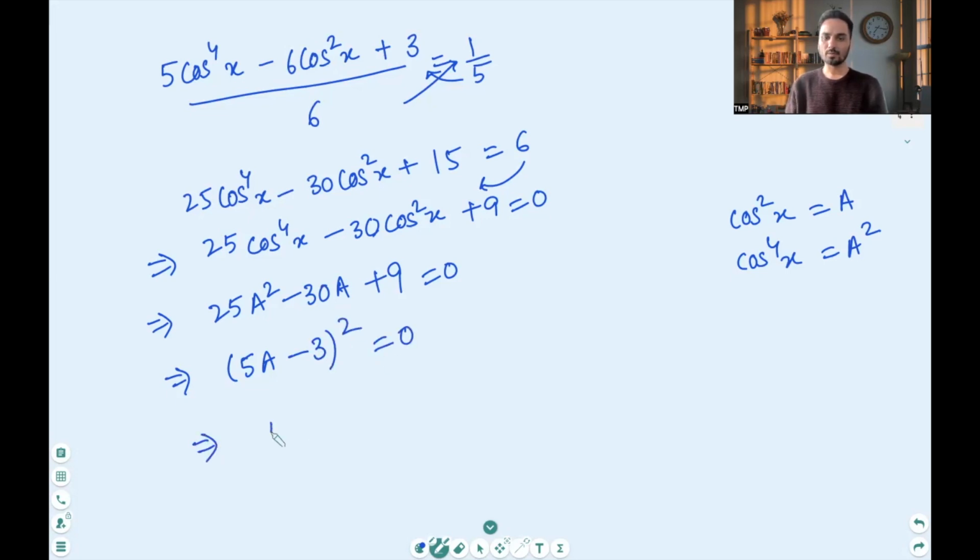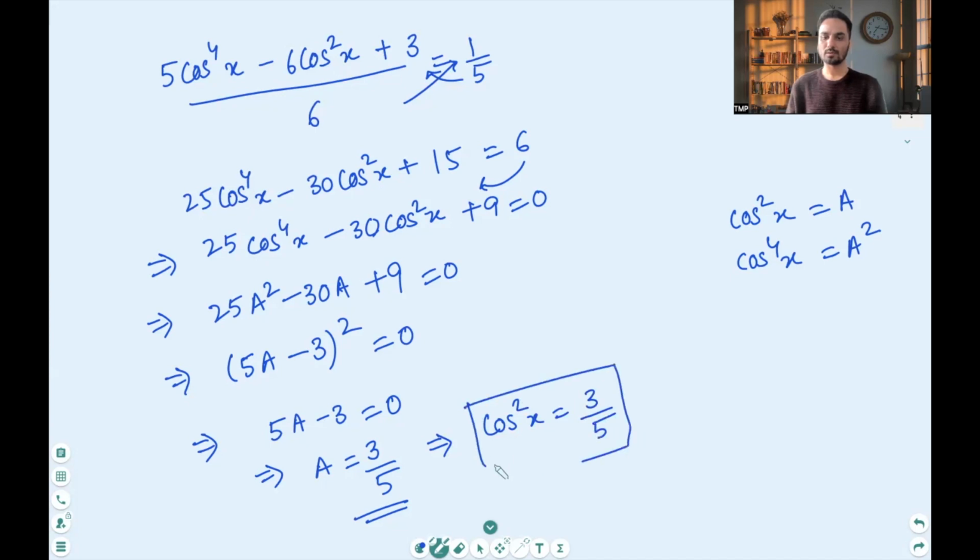That means we can write 5a − 3 = 0, or a = 3/5. a is nothing but cos²x, so we have the value of cos²x as 3/5.